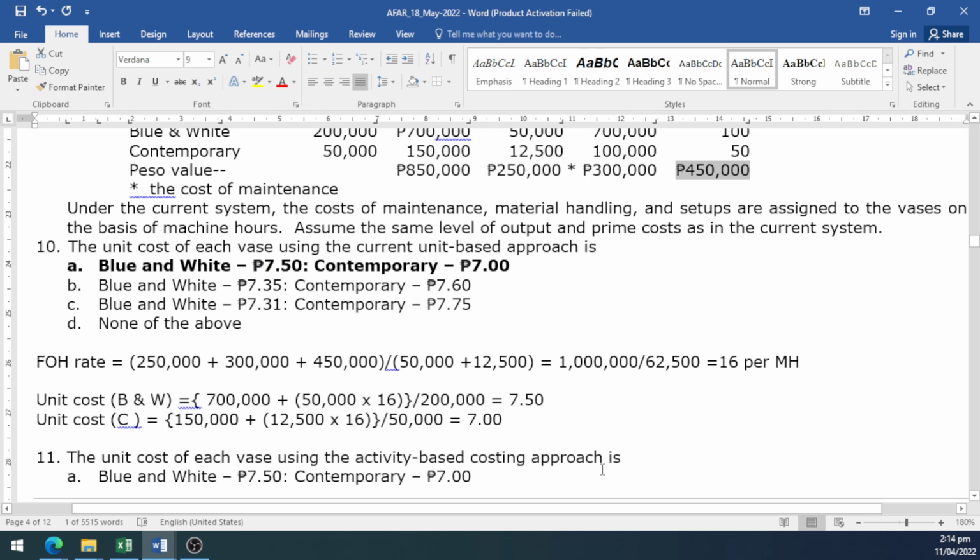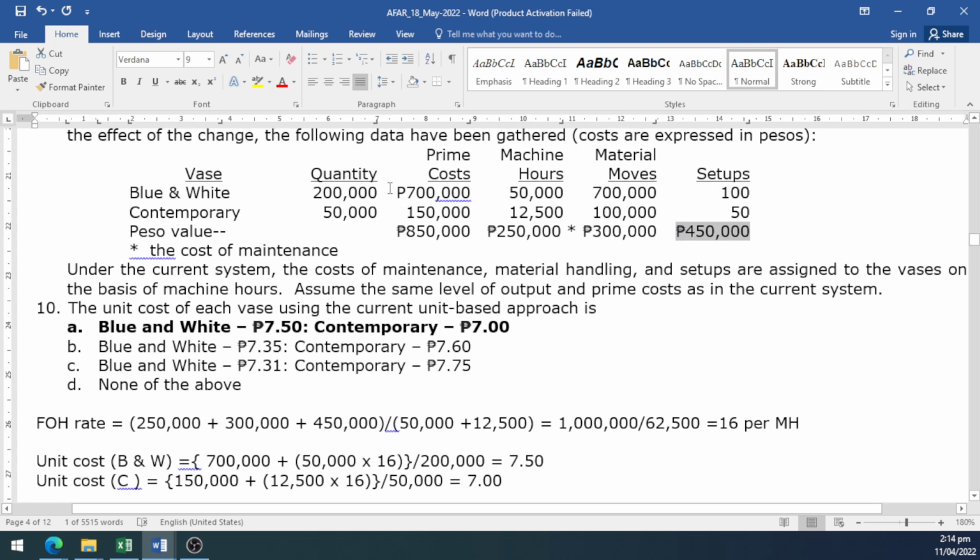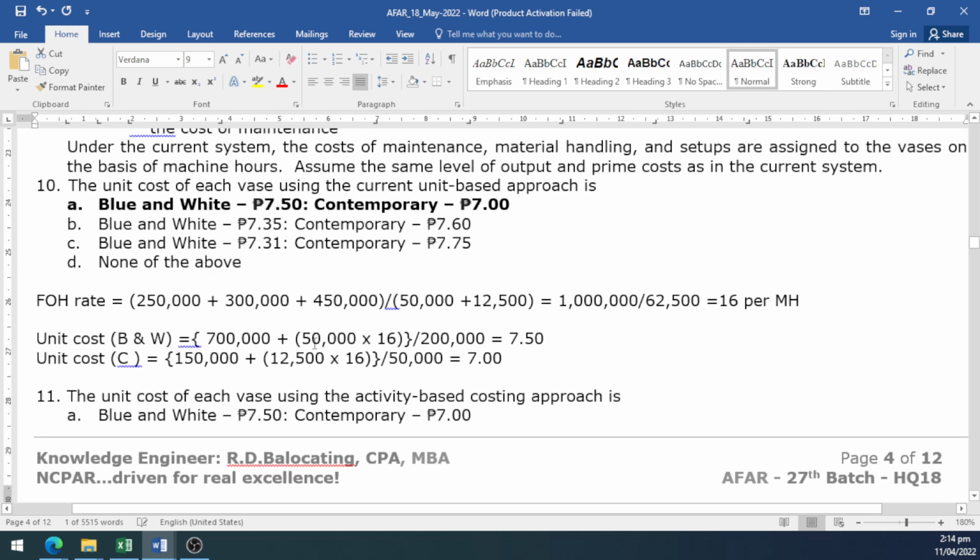Kaya pag inallocate natin yan, ang allocated overhead kay blue and white, o di syempre, 50,000 times 16. O, computein natin yung unit cost. Blue and white has prime cost na 700 plus allocated overhead. Diba, ang rate ng overhead, ito, 16 per machine hour.